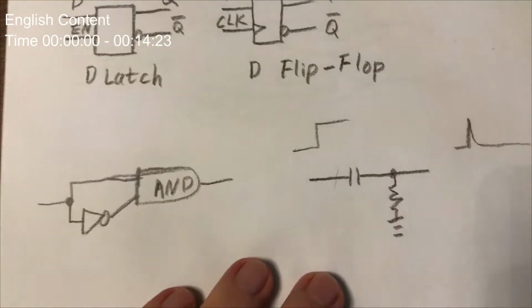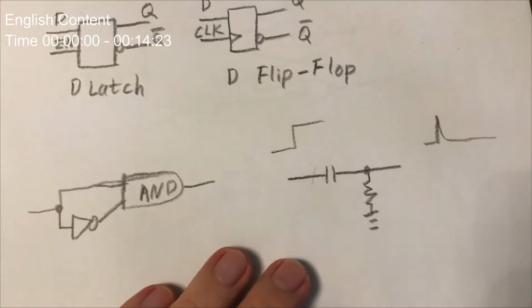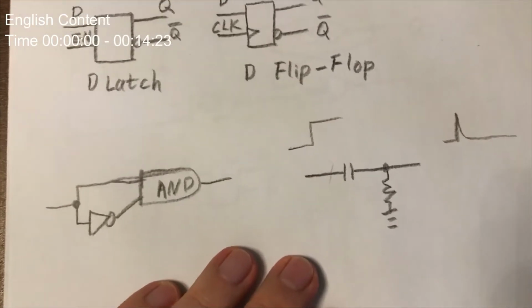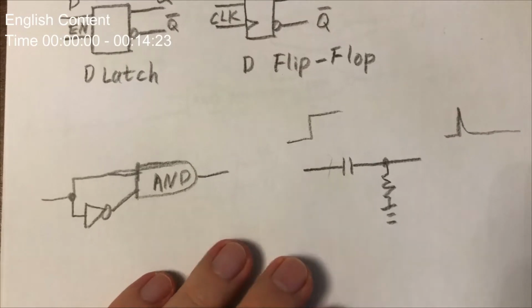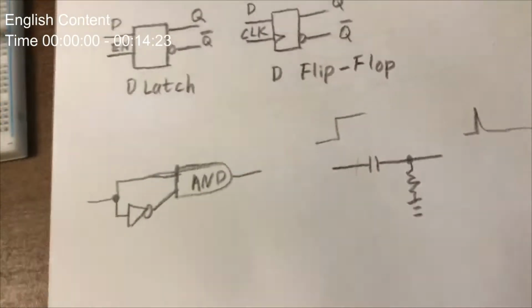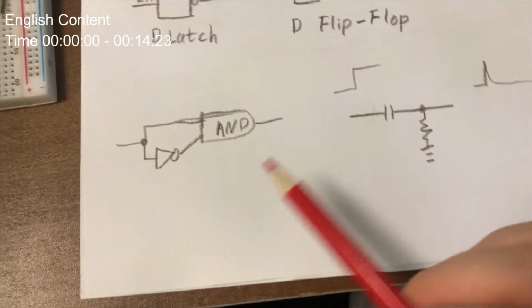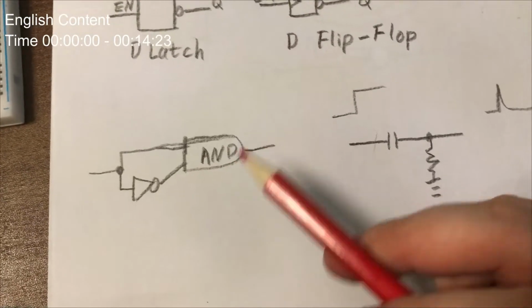To construct that ability to store data in a very short time, we will create a very short spike of high voltage and then store the data. Here we have two methods to construct this high voltage in a very short time.